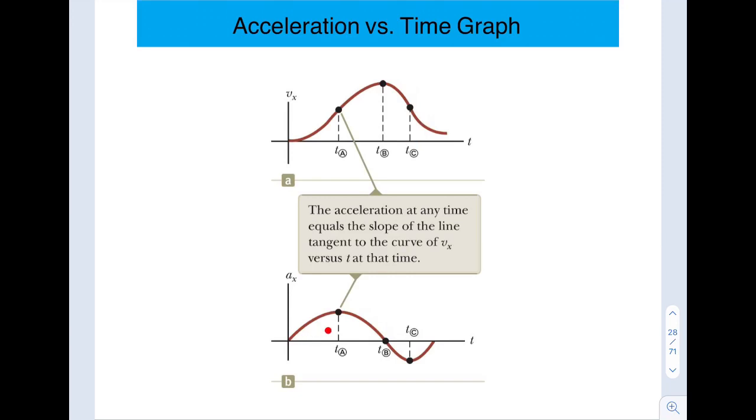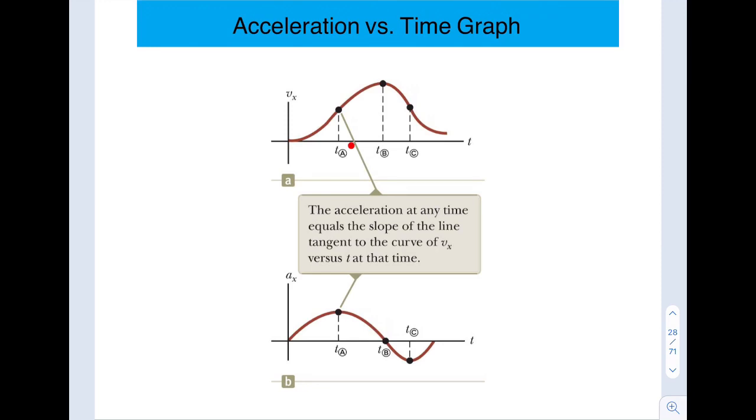Acceleration at any time is the slope of the velocity-time graph. The slope of this velocity versus time graph will be the acceleration value, right? Acceleration reaches maximum at time ta here, because the slope of the velocity is positive and increasing.